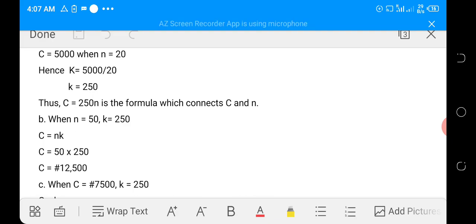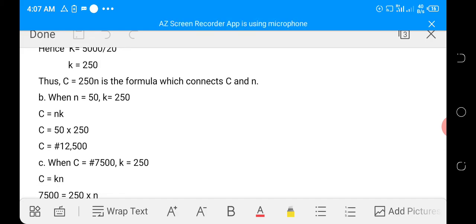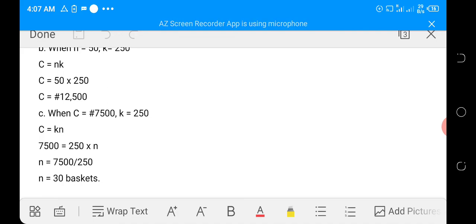So when we substituted N is equal to 50 and K is equal to 250, we got 12,500 naira, which is the cost of 50 baskets of tomatoes. And question C asks us to find how many baskets can be bought from 7,500 naira. This time around, C is given as 7,500 naira and K is equal to 250. So when we substituted those two values, we were able to get that N is going to be 30. That is, 30 baskets can be bought from 7,500 naira.